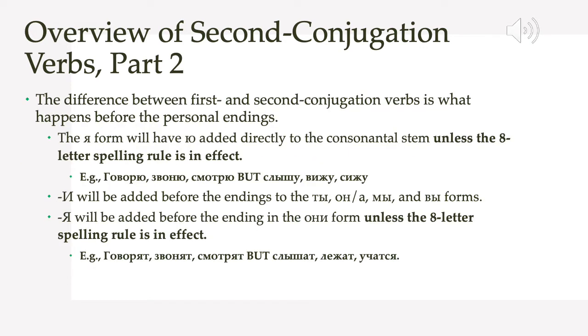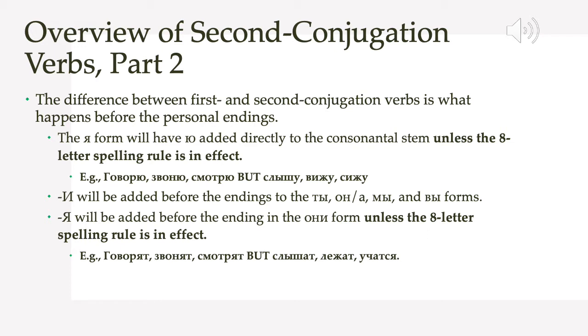The difference between first and second conjugation verbs is what happens before the personal endings. So the ya form will have u added directly to the consonantal stem unless the eight-letter spelling rule is in effect. So this is different than what happens with a first conjugation verb. With a first conjugation verb, if you have a consonantal stem, you're going to have u, but for a second conjugation verb, you're going to add u directly to the consonant unless the eight-letter spelling rule is in effect.